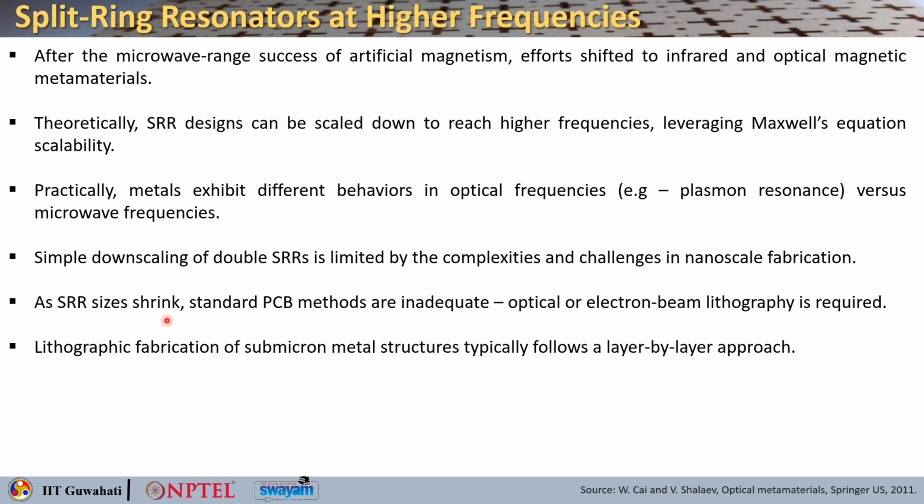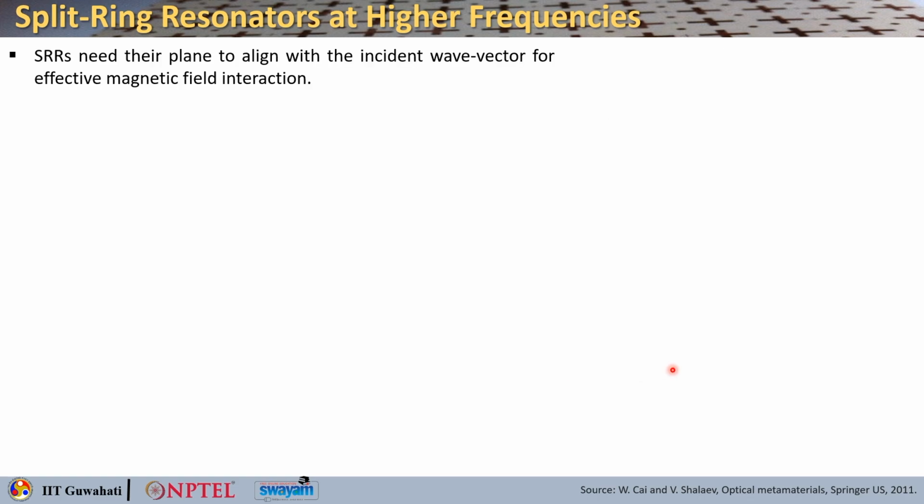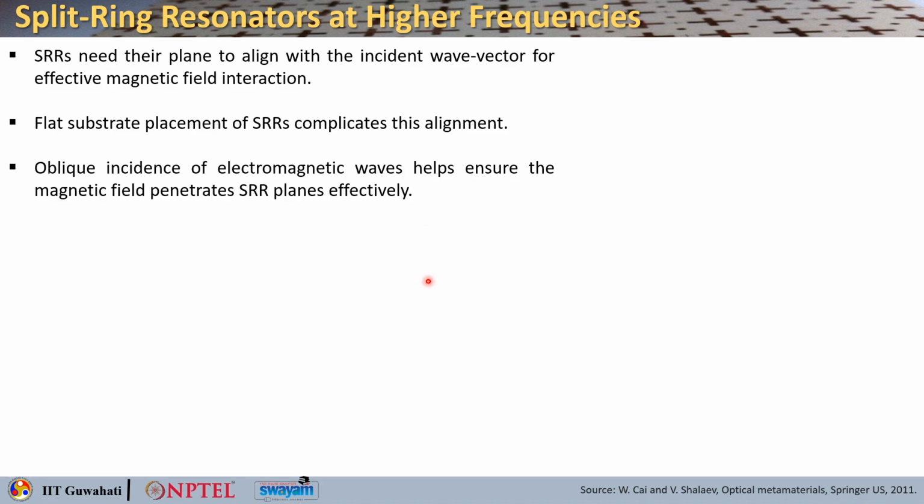So, people have done lithography fabrication of submicron metallic structures using a layer by layer approach. Split ring resonators need their plane to align with the incident wave vector for this effective magnetic field interaction. Okay. However, it is hard to accomplish when split ring resonators are lying flat on a substrate.